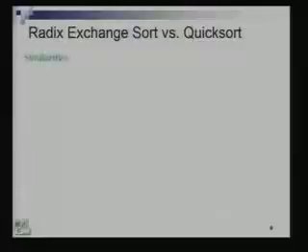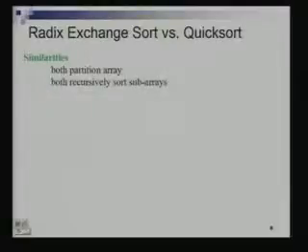Now how does this compare to quicksort? Both the algorithms partition the array, both recursively sort the subarrays. So the structure is very similar. The difference is in the way we partition. In the case of radix exchange sort, we are partitioning not with respect to a pivot element, but with respect to a fixed quantity.